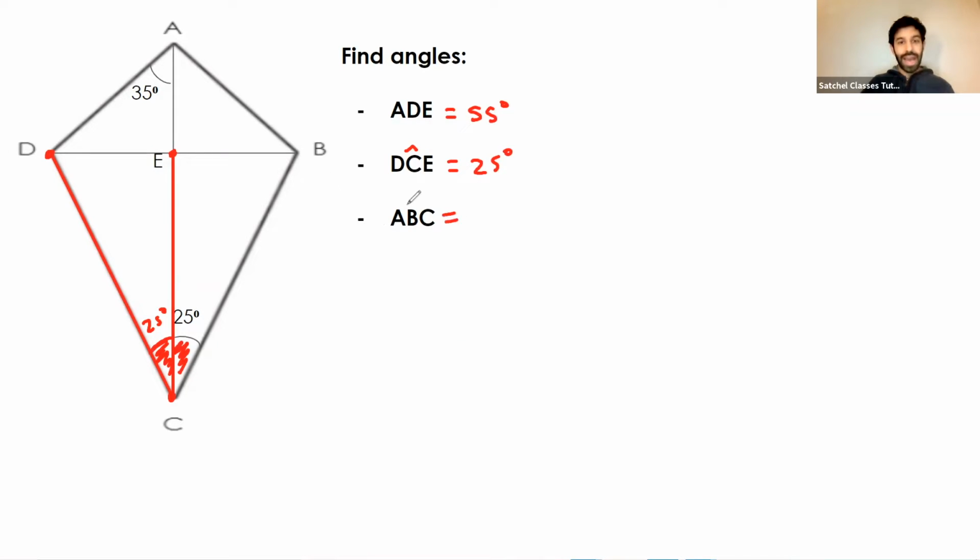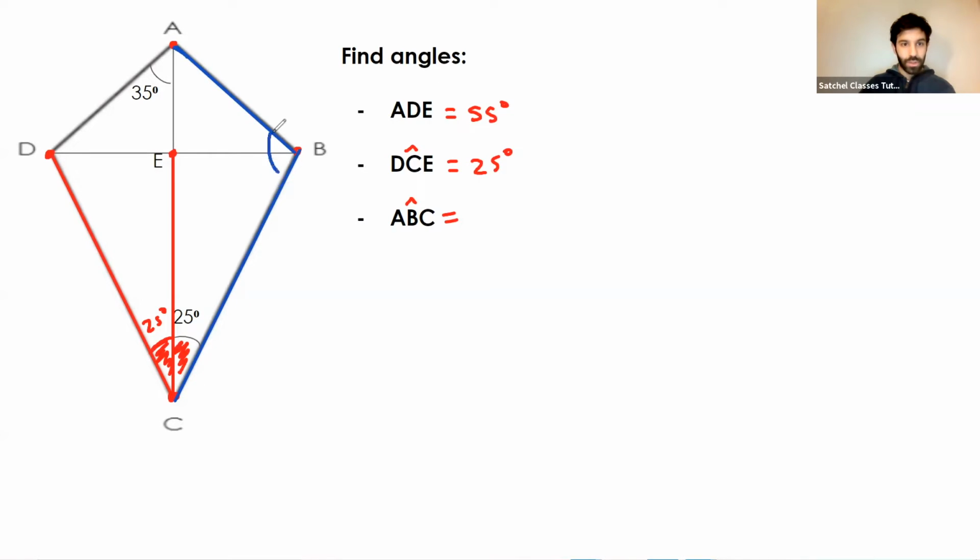Now, let's find ABC. So we want A, B to C. So now it's slightly different. If I just draw it using lines, we want A to B to C. So we want this whole angle over here. I've drawn it a bit wonky, so maybe I can just draw it again.